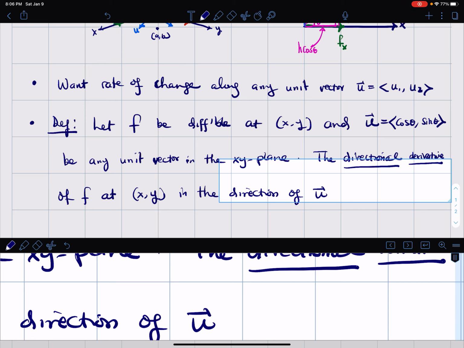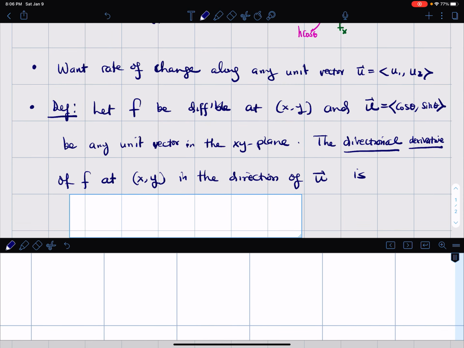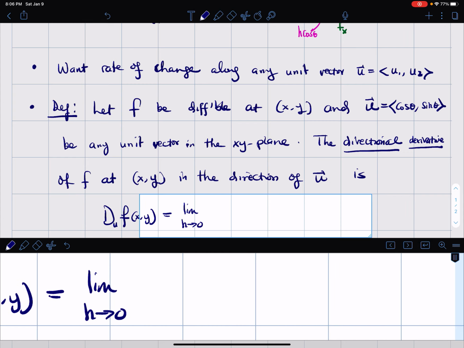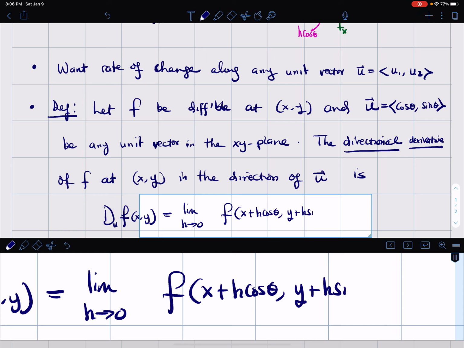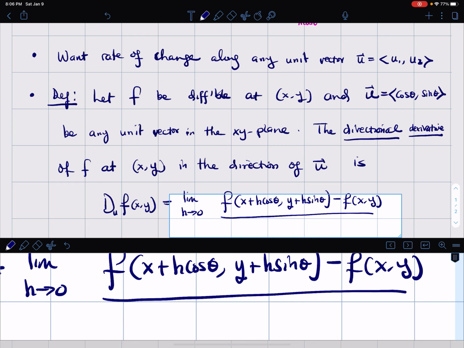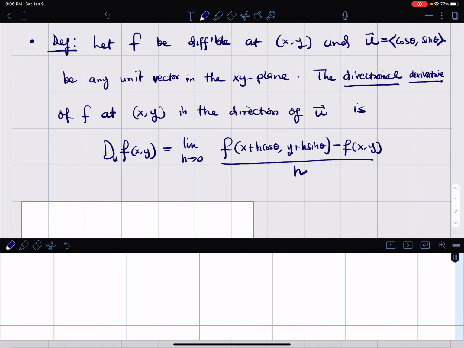In the direction of u is defined as, its notation is D_u f(x, y). It's the limit as h goes to 0 of f(x + h cos θ, y + h sin θ) minus f(x, y), all over h.